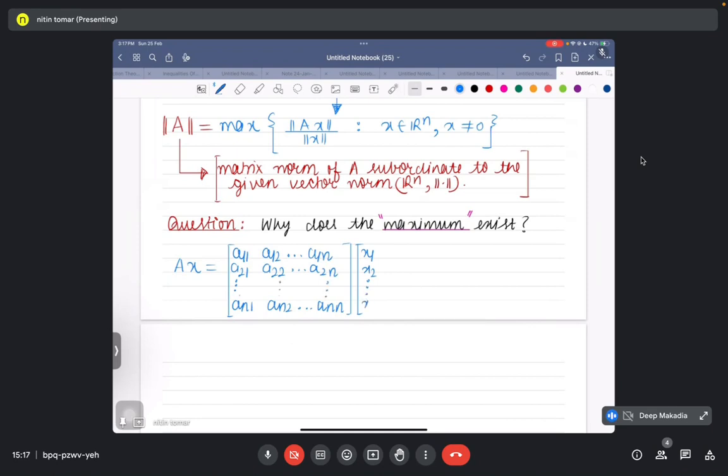Now, what do you get when you do the matrix multiplication? You will get A11 X1 plus A12 X2, and so on, up to A1n Xn, right? Then you similarly get the other rows, up to An1 x1.